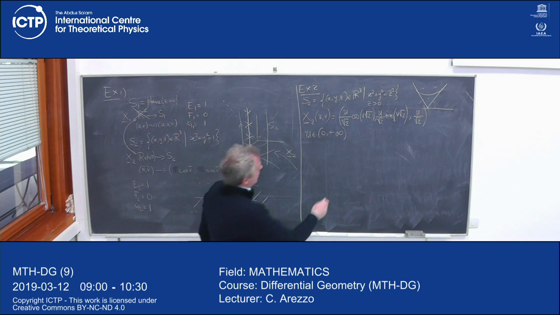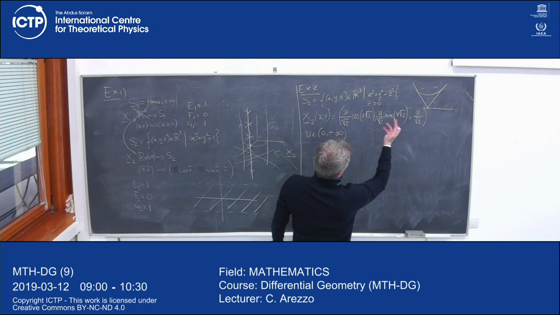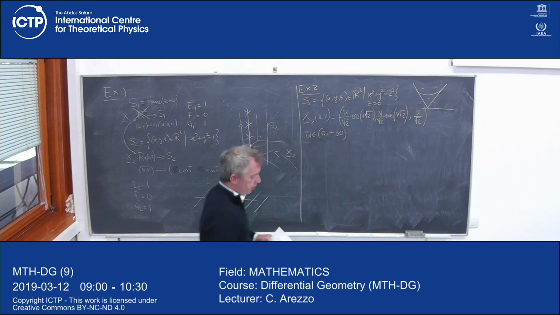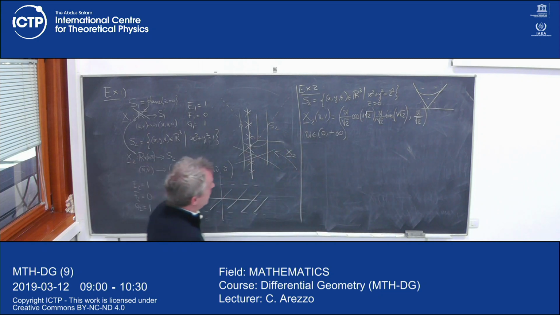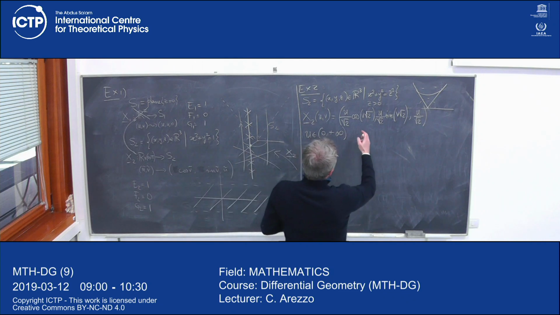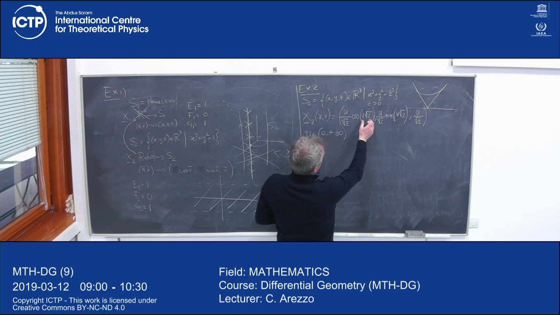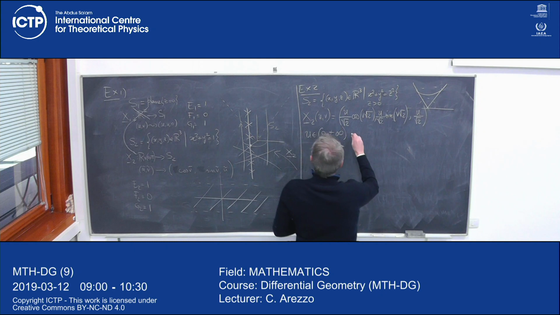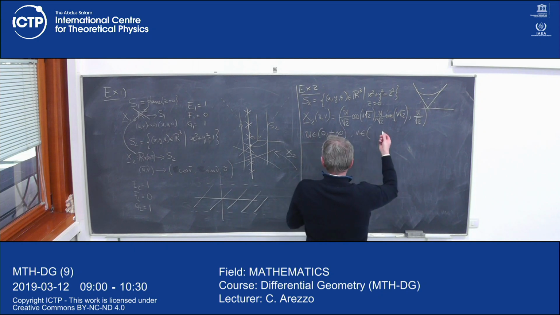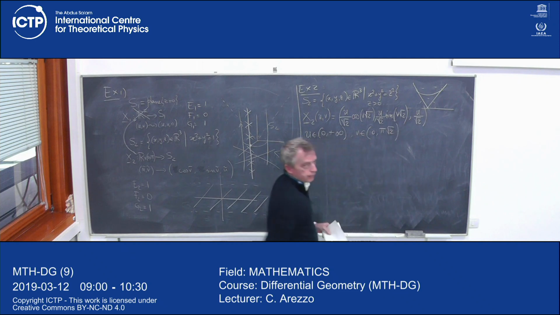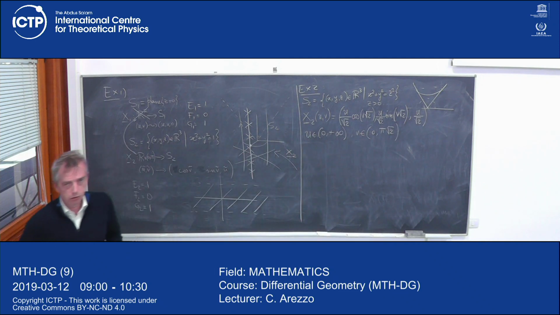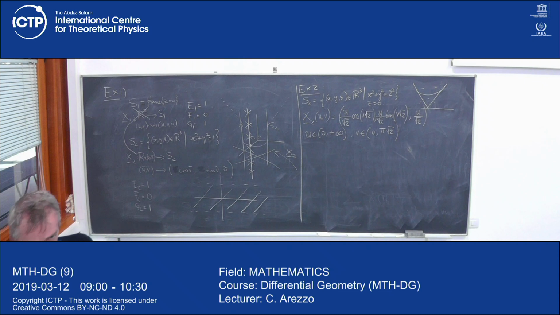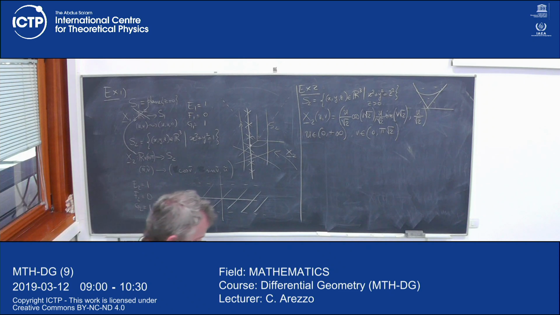And v is essentially the rotation angle, but now it's normalized in this way. I need an interval such that if I multiply by square root of 2, I get 2 pi. So let me take it here, so that when I multiply by square root of 2, I get the whole rotation. Okay.